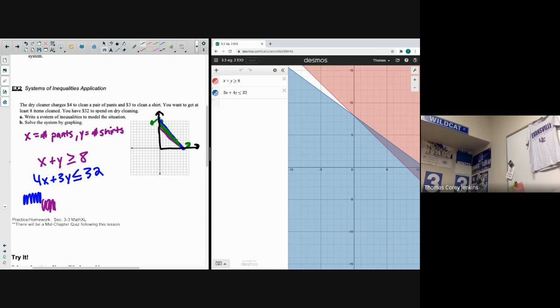Here you can see that my headlight looking thing is getting wider as I go to the left. Here, it's the opposite. Notice what I did differently on this one is it looks like I let X be the number of shirts and Y be the number of pants. So neither one is wrong. It's just interpreting how I've set it up, okay?